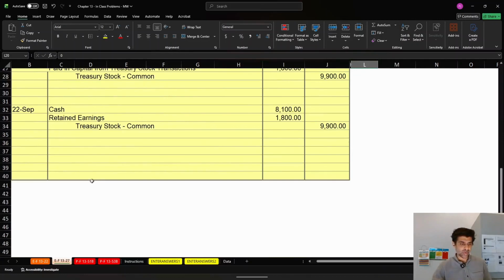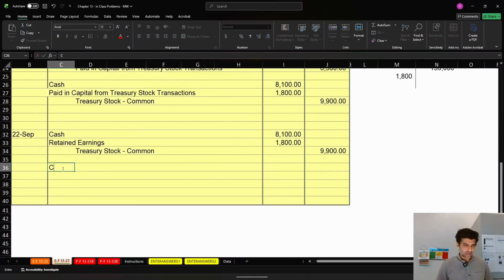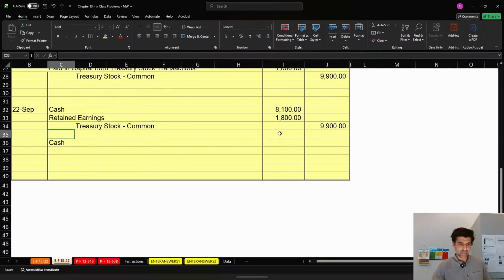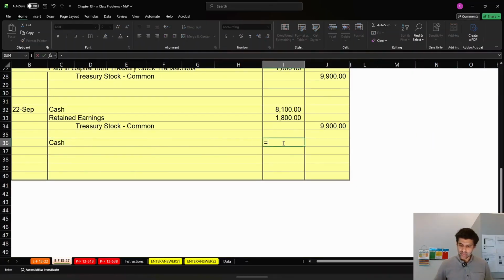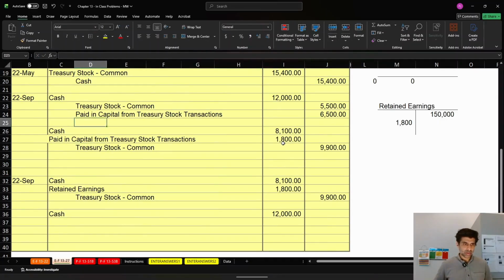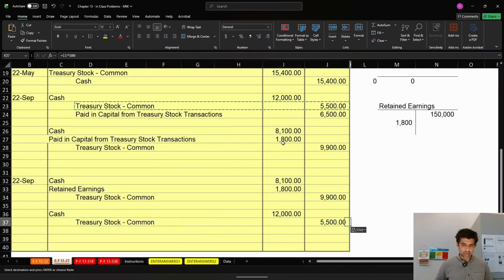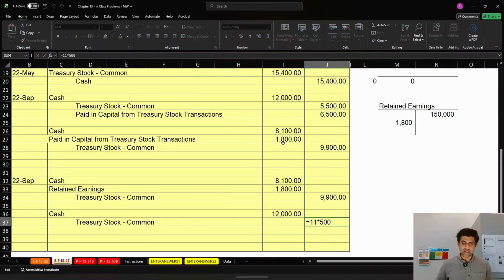Now we're going to sell those other 500 shares. Again, the cash is going to be 12,000, which is equal to 500 shares times $24 each. This is going to be the same as this, because remember, this was 500 shares times $11, our cost basis.